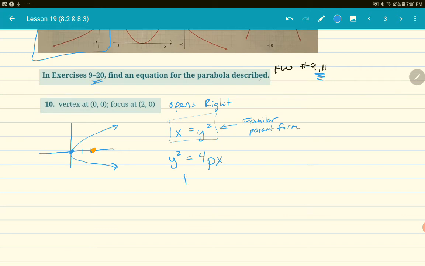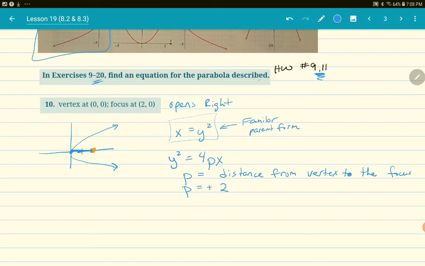And that tells me that my standard equation will be in this form. And then I know that p will be positive, and it's the distance from the vertex to the focus. So going from left to right, that's 2 units. So p is a positive 2.